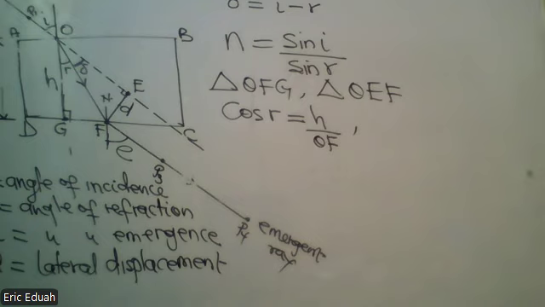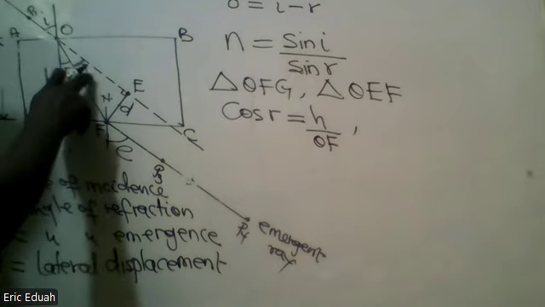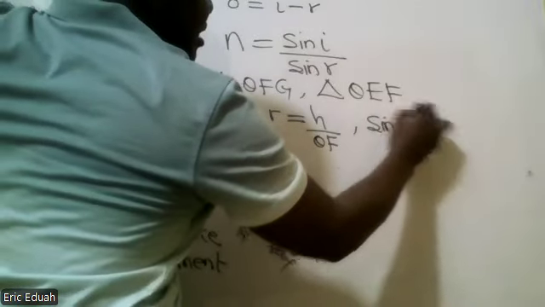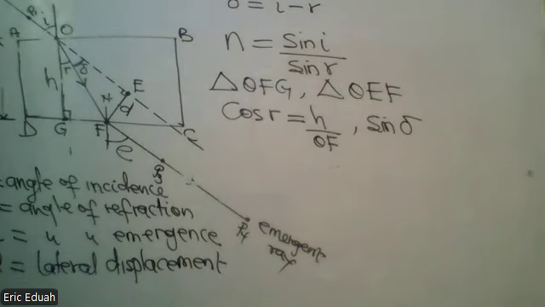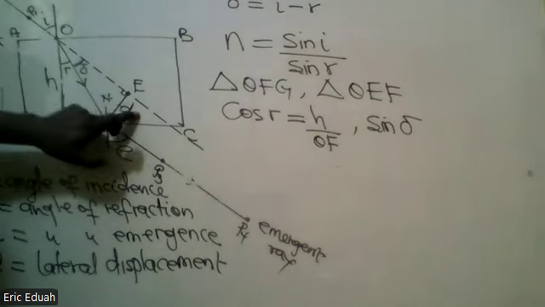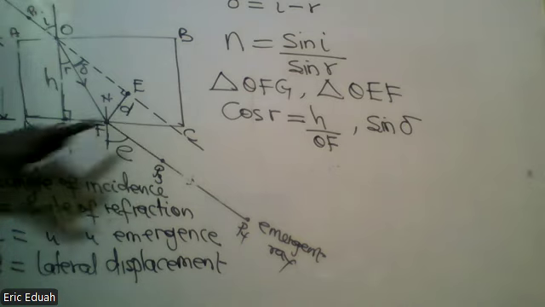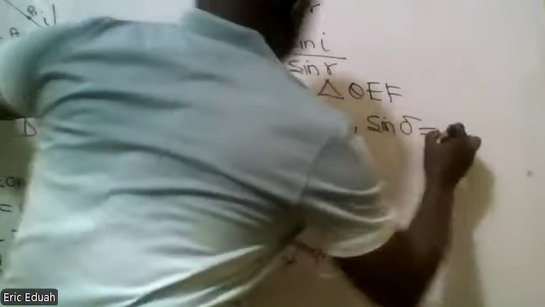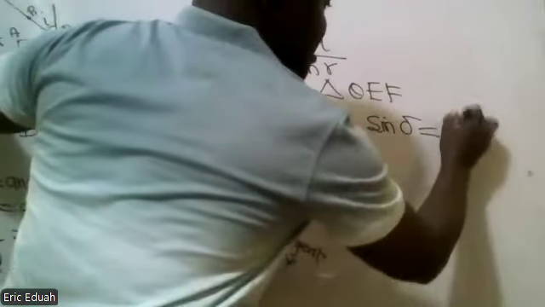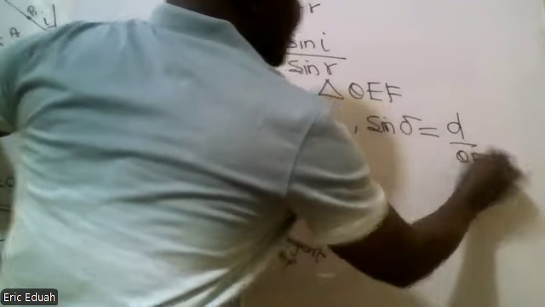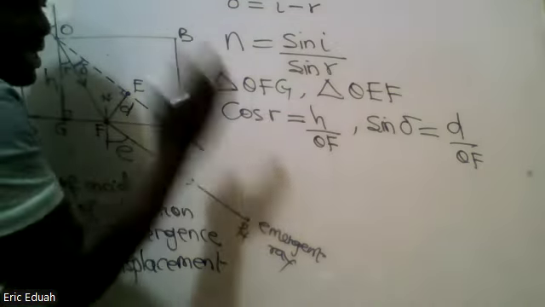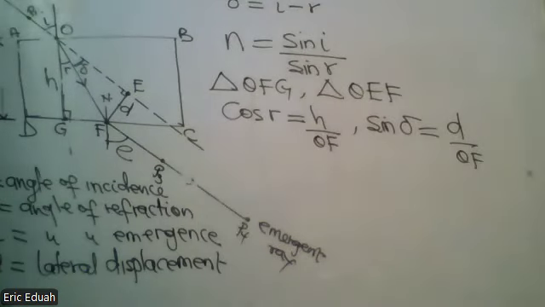Then when we take the sine of the angle of deviation, sine sigma is equal to the opposite, d, over the hypotenuse OF. OF is common. So let's make OF the subject in this and then in this.